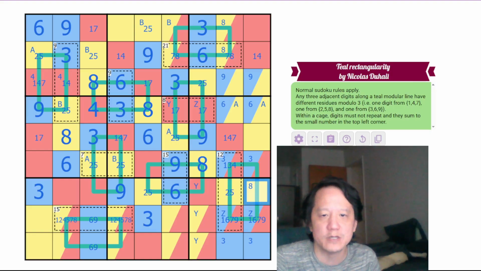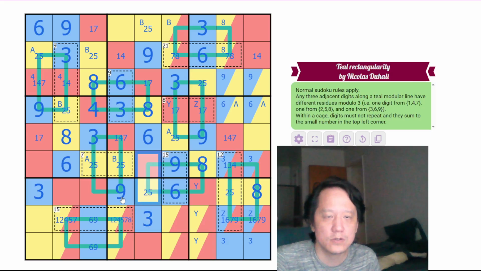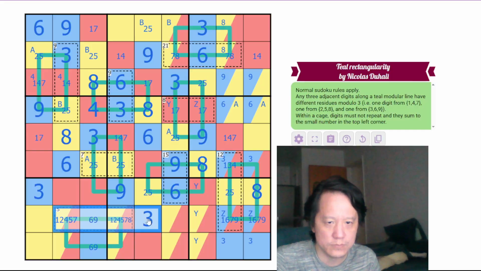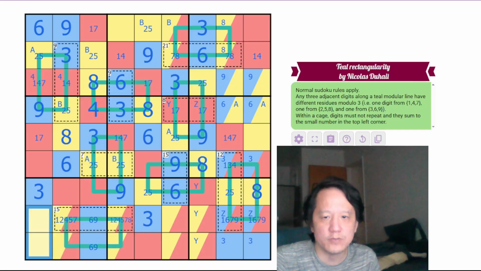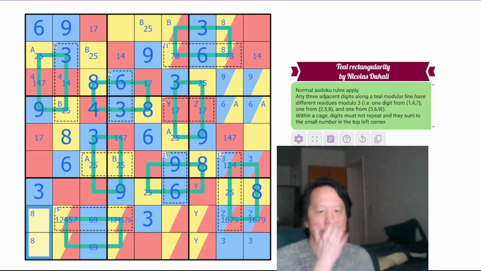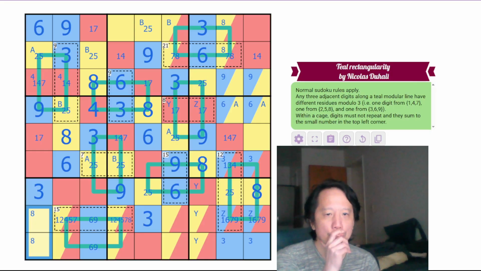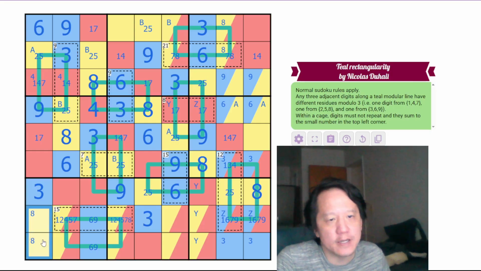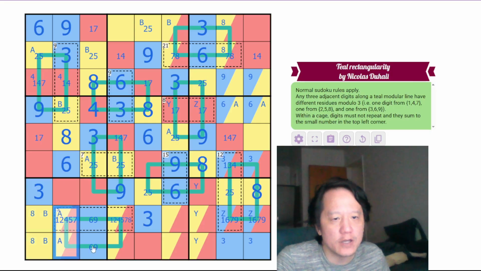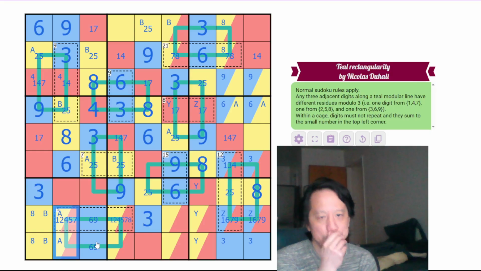It has to be here. So that's 8. This can't be 8 here. 8 has to be one of these two digits there. So we have 8, and this must be B here. A has to be one of those two.